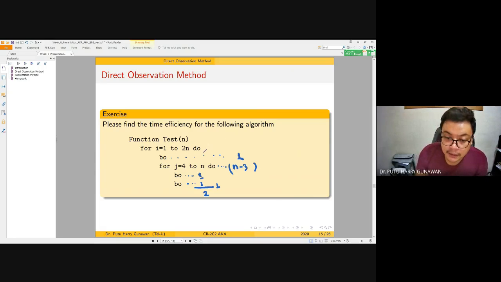And then finally we have the outer loop. The outer loop is from 1 to n, so it should be n minus 1 plus 1, so it should be n.